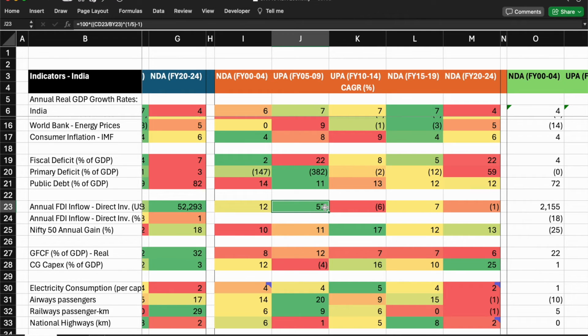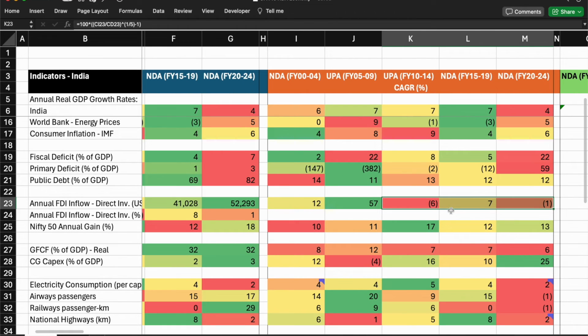It's huge. Later on, the growth is very stagnant. So even in the Modi government, we hear a lot that FDI is coming, FDI is coming, but the numbers don't show that much. So that is another problem with the media and with the things that the government tells us.